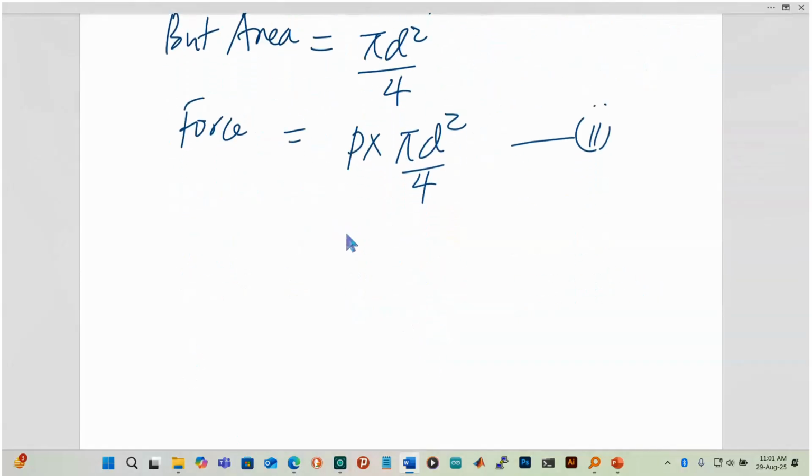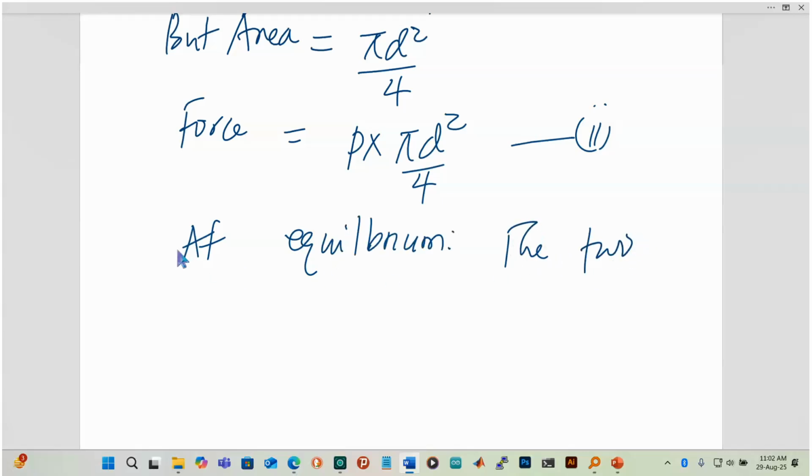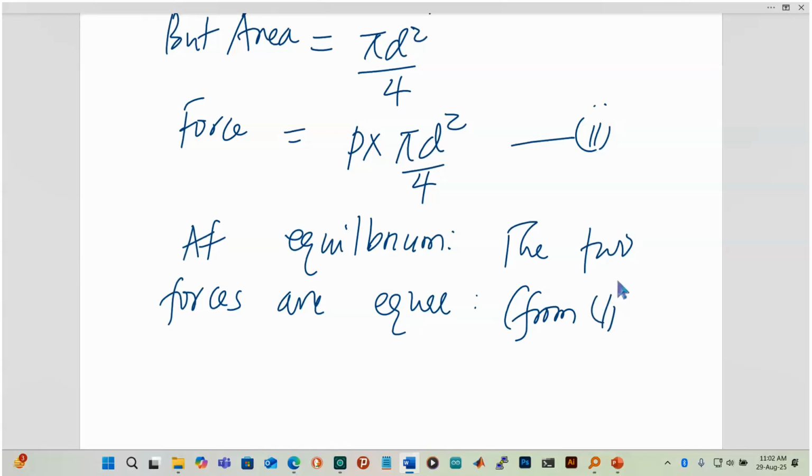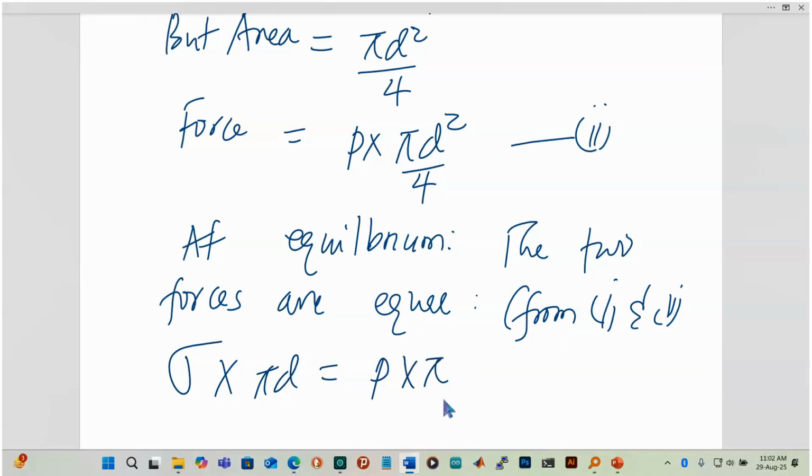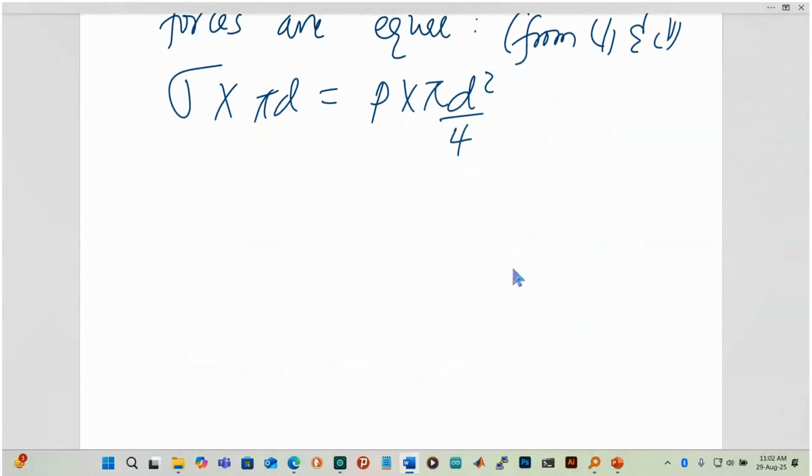Therefore, at equilibrium, because that's where we analyze these forces, the two forces are equal. The force due to internal pressure and surface tension are equal. So from equation 1 and equation 2, sigma times pi d will equal to P times pi d squared out of 4. What does that mean?